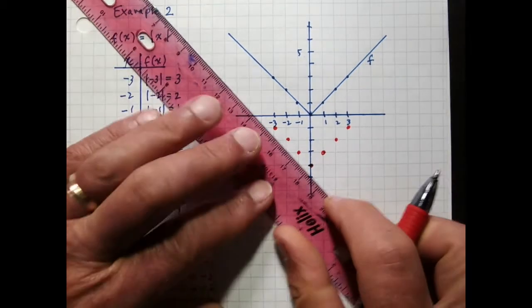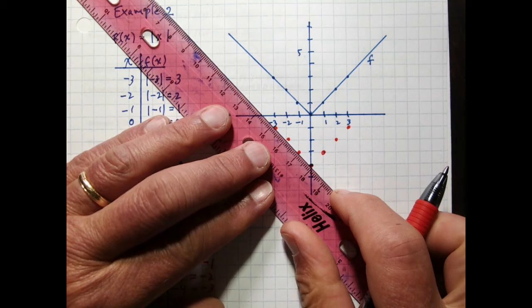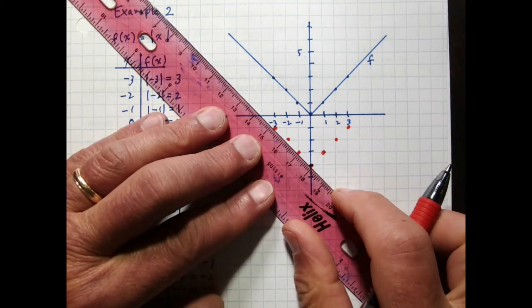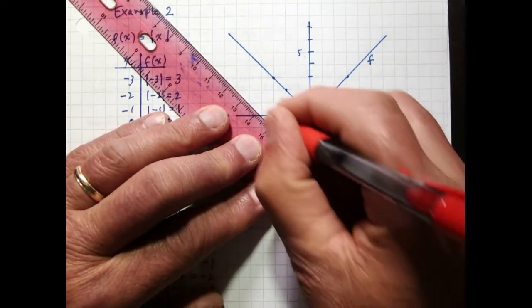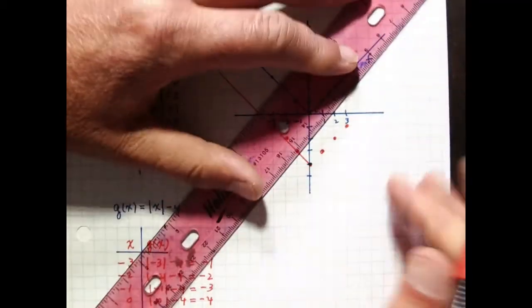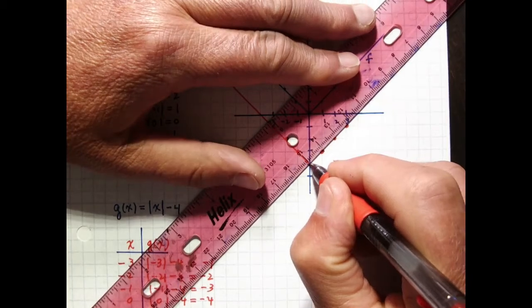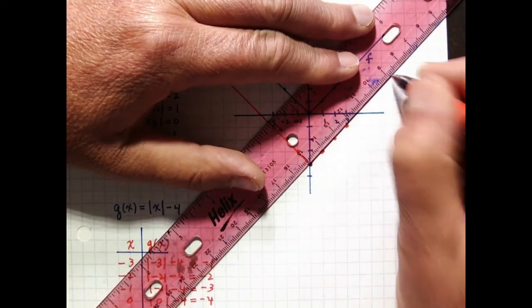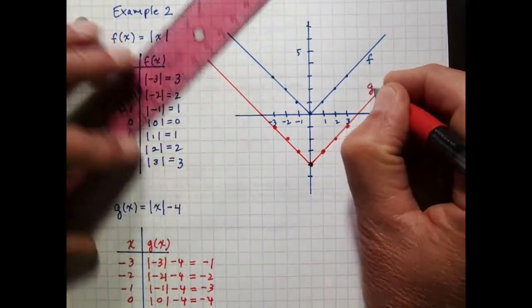And I think you're probably convinced, without me plotting more points, that we're getting another V shape in a slightly different position. So there's our graph of G.